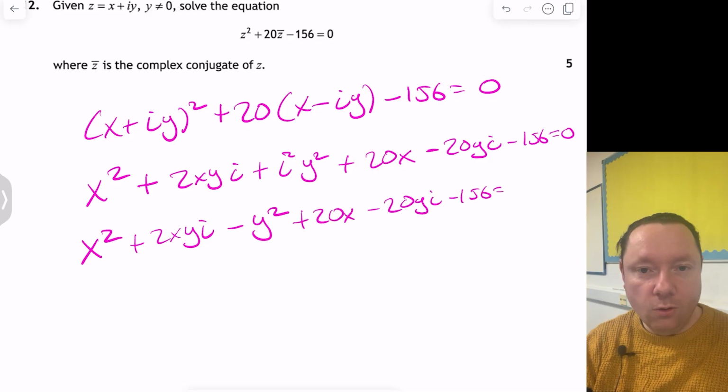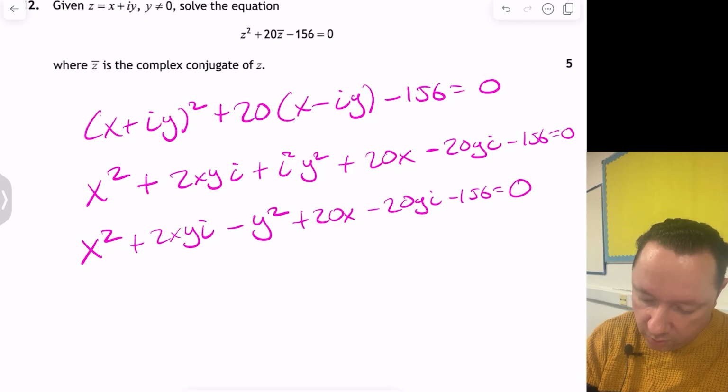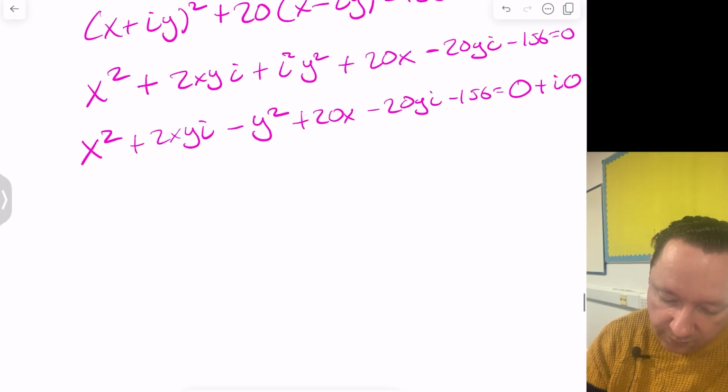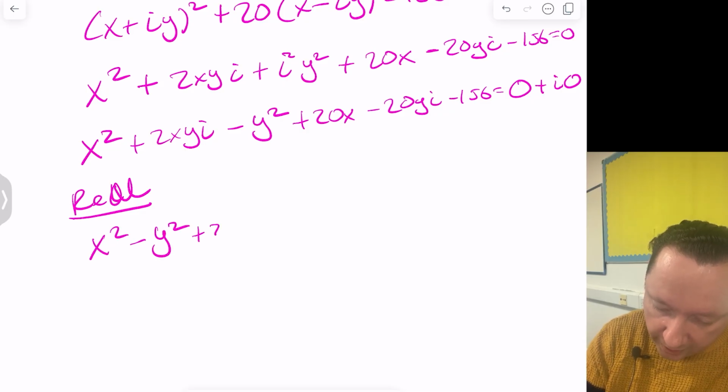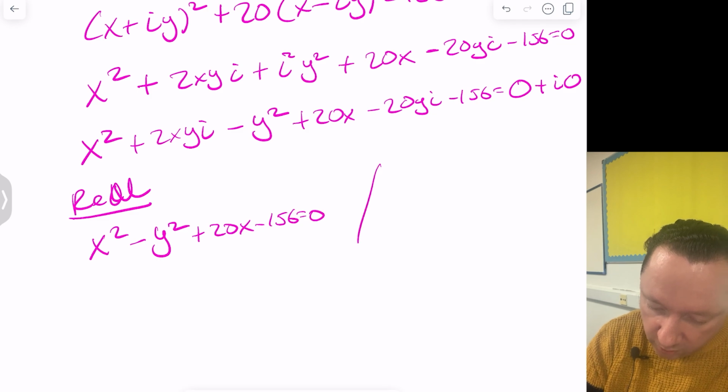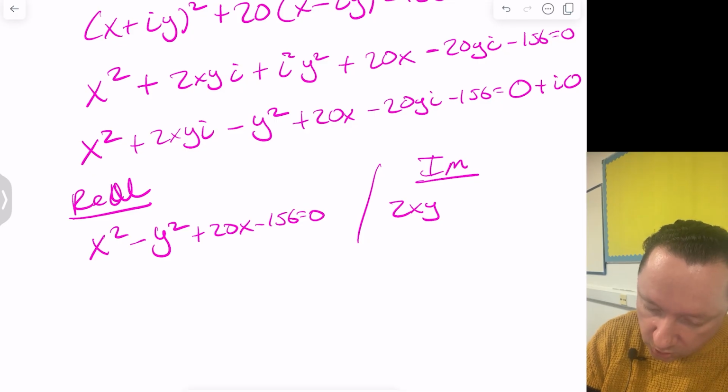And think of 0 as 0 real plus 0 imaginary, so 0 plus 0i. So looking at the real part, we've got x squared minus y squared plus 20x minus 156 equals 0. And then looking at the imaginary part, you've got 2xy minus 20y, and that equals 0.